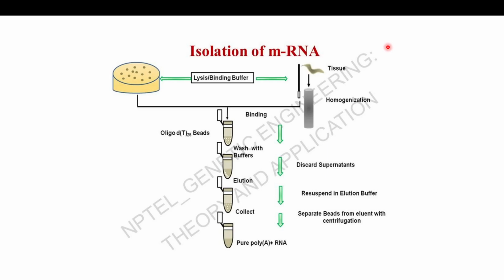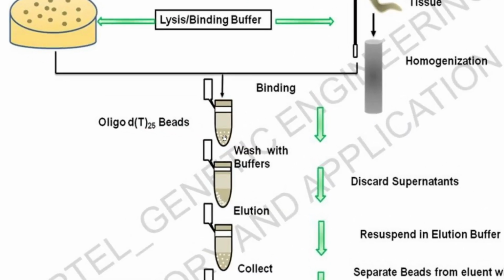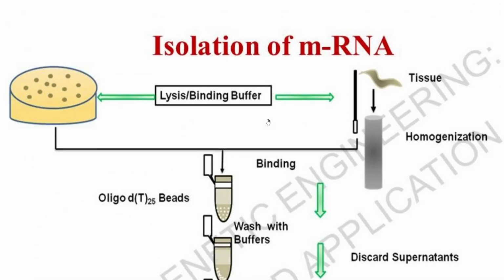In eukaryotes, mRNA has a polyadenylated tail, right? Poly A residues at the 3' end. Based on that, you can use thymine residues attached to certain beads. See these small white colored spheres. These beads have thymine residues attached to them, and your mRNA has a poly A tail at its 3' end.